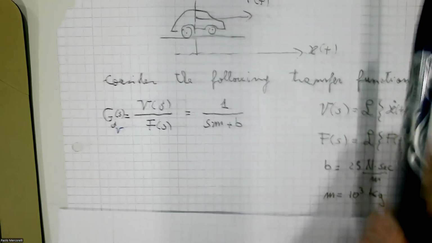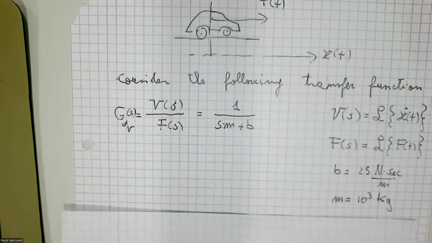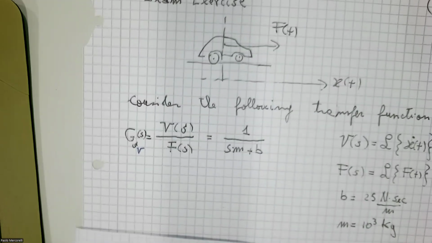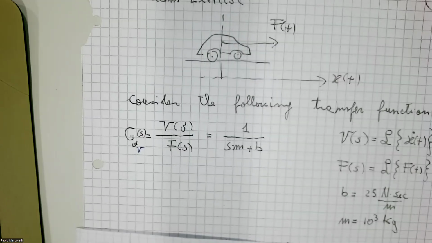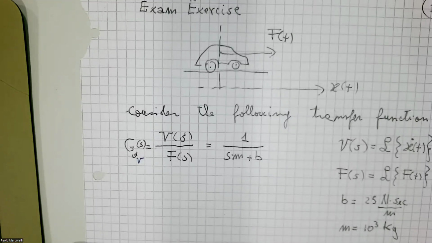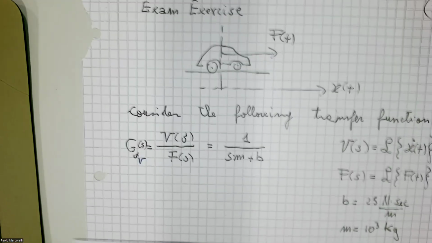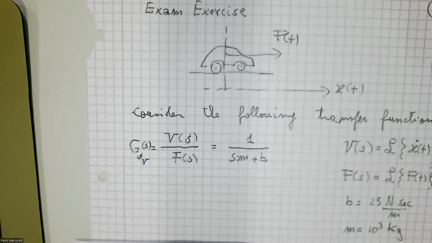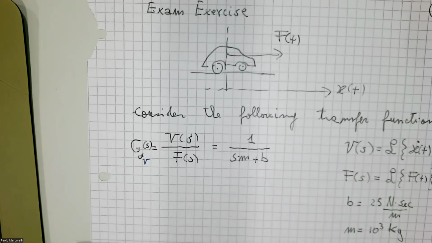Okay, in the exam I will give you some data in order to be clear what we have or what we don't have. Basically, the mass of the car, this friction parameter, because of the wind, because of the friction on the road, because of the friction on the axis of the wheel, a really roughly modeled one. Do you remember I told you that friction is a big topic, no?